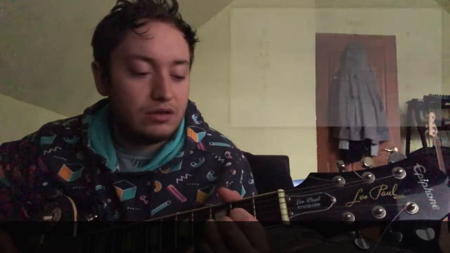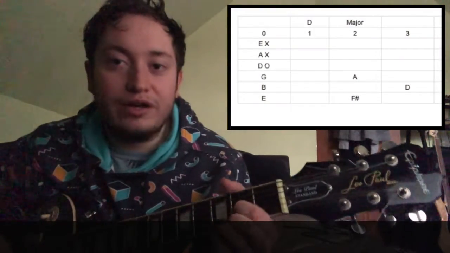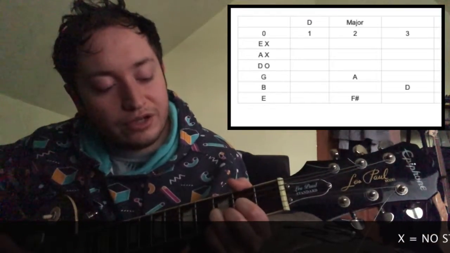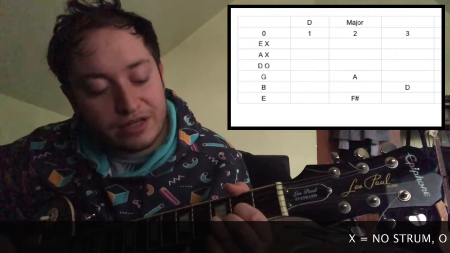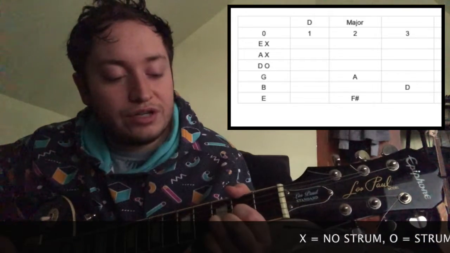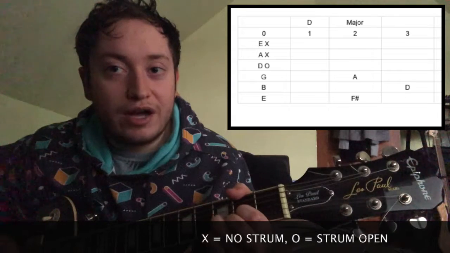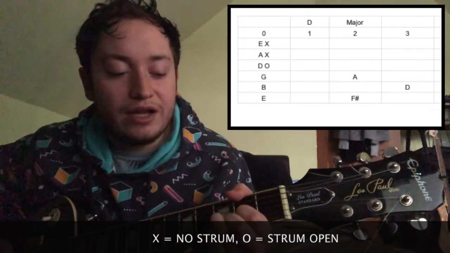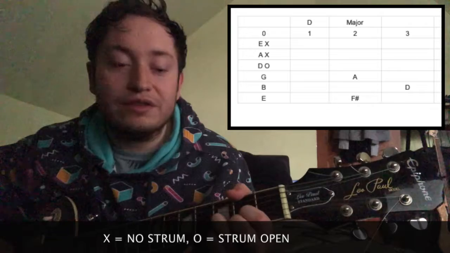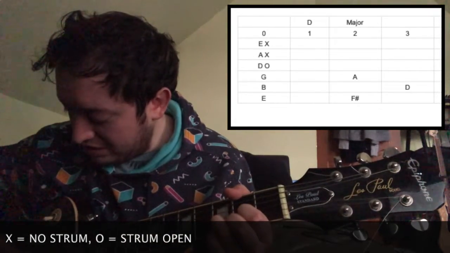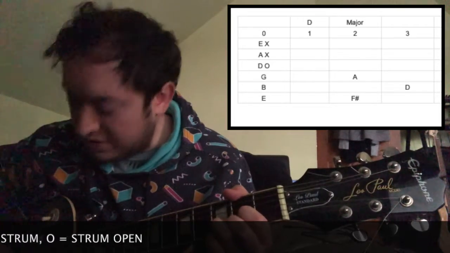For these 2 chords, you're gonna be strumming the D string open, while for the D major, you've got your pointer finger on the 2nd fret on the G string. That's what it sounds like. Then you've got your ring finger on the 3rd fret on the B string. And then you've got your middle finger on the 2nd fret of the high E. So this is what the D major chord sounds like.